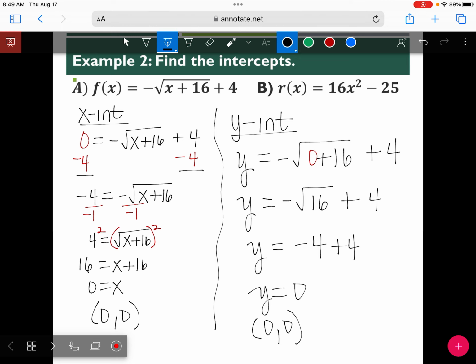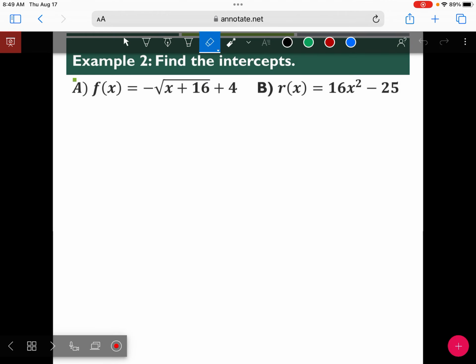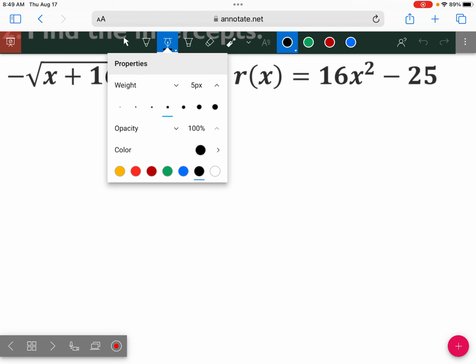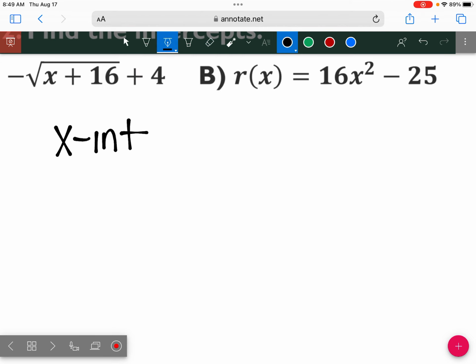And let's look at question B. For question B, to find my x-intercept, that would be 0 equals 16x squared minus 25.